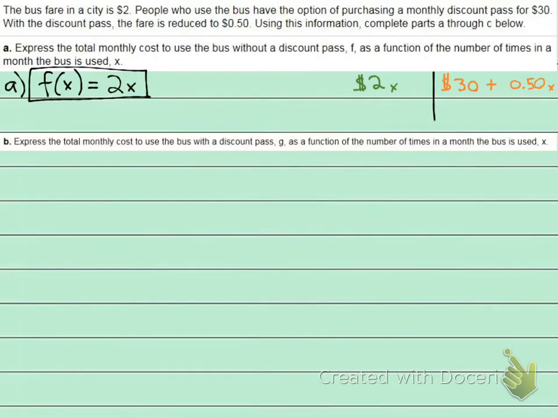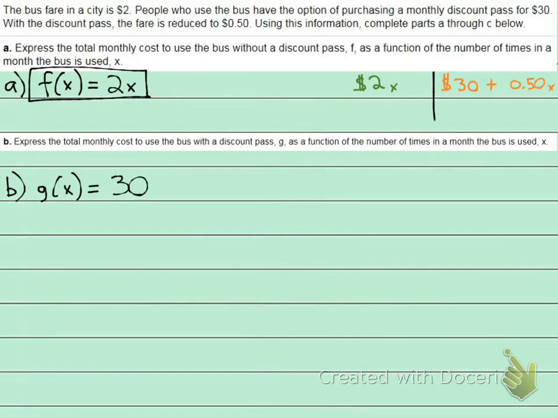Now, part B wants you to express the monthly cost with the discount pass, and they want this to be the function g. So we're going to write this one as g of x. The g of x is going to be with the $30 pass. So it's going to be $30 up front.